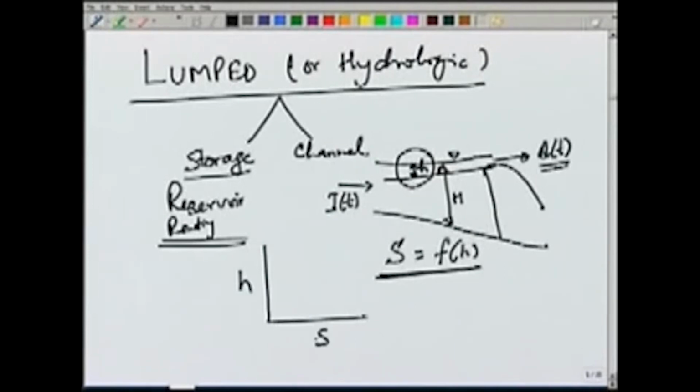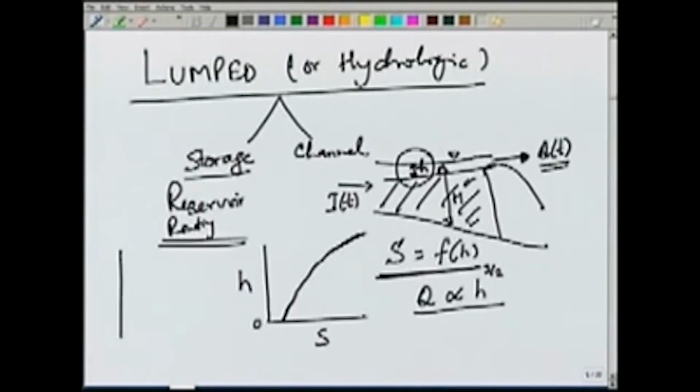So, S will typically be a function of H like this, where H equal to 0 indicates the storage below this level, and then it increases as we increase the H. Similarly, the outflow from the reservoir will also depend on H, and generally if we have uncontrolled spillway here, then Q typically is proportional to the 3 by 2 power of H, and we can plot a curve like this showing the variation of Q with H.